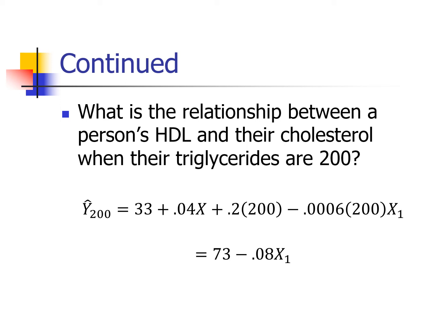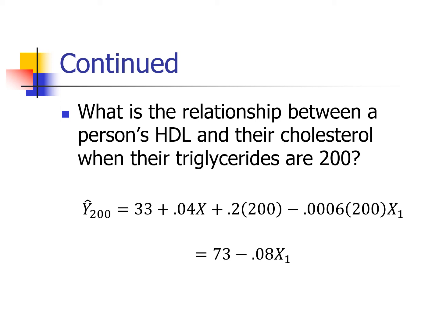Again, we can see that very explicitly. We take the equation that SAS provided, and we go to X2. Instead of plugging 100 in, we plug in 200. And we do that, and we simplify our equation. And we see that our new equation is 73 minus 0.08x1.